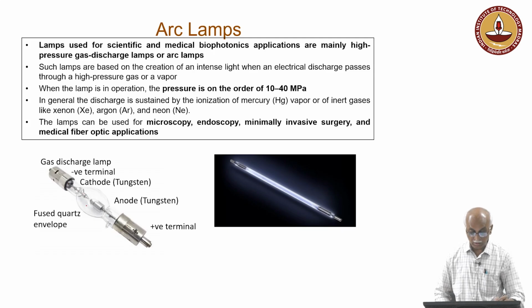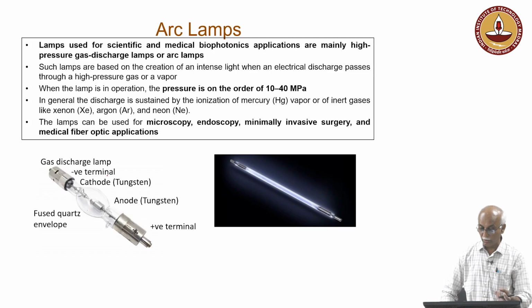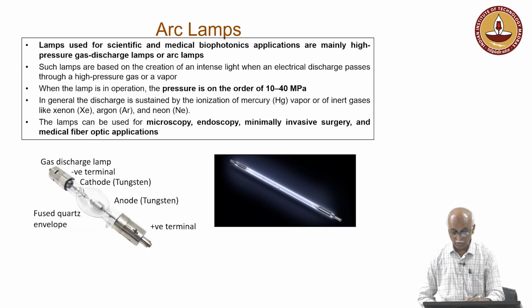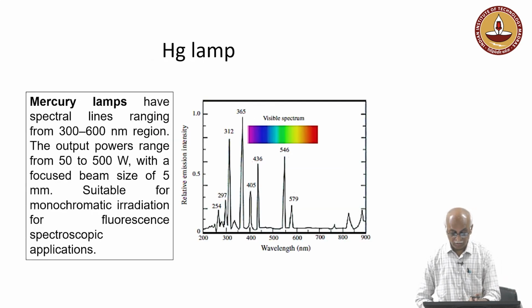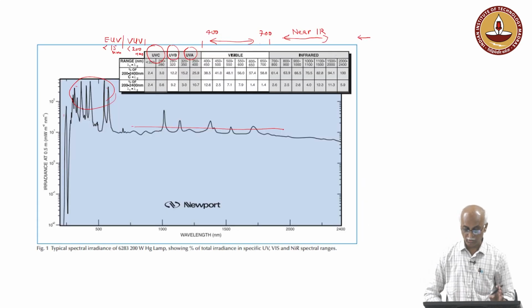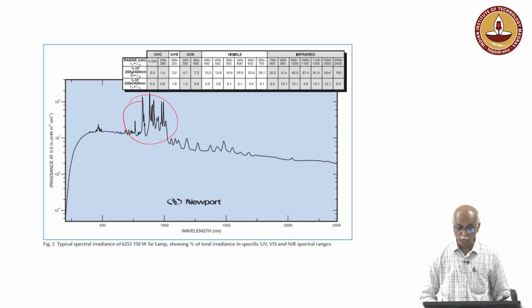The mercury or xenon gas, or krypton, which is filled at a high pressure will glow as the arc is formed, and that glow is basically a light with a spectrum ranging from UV range to near infrared range. So, this type of light source is used.